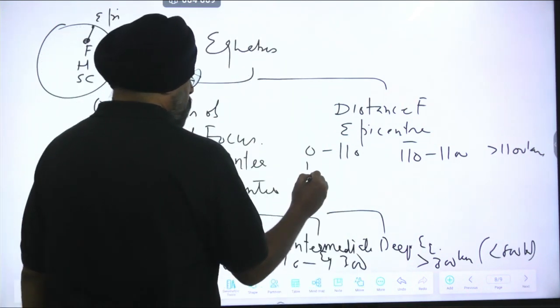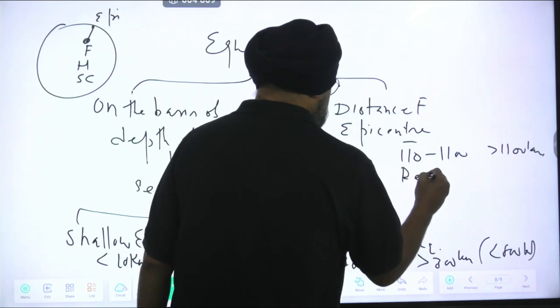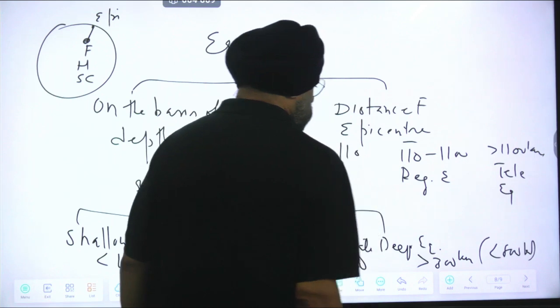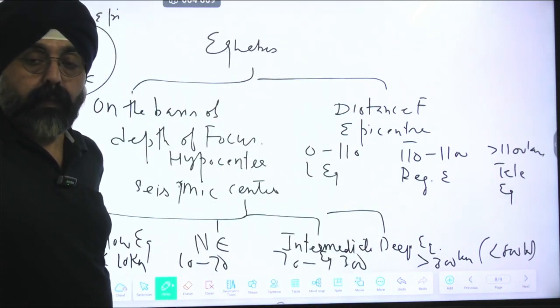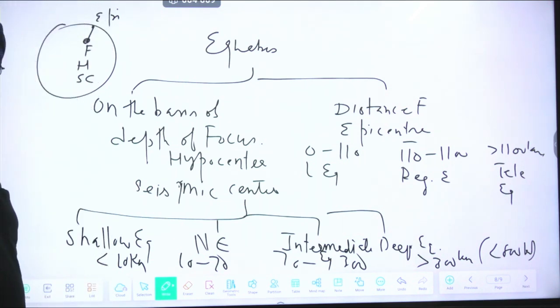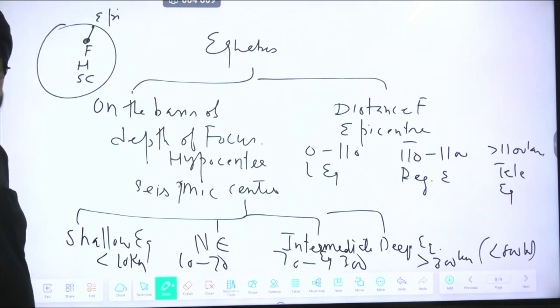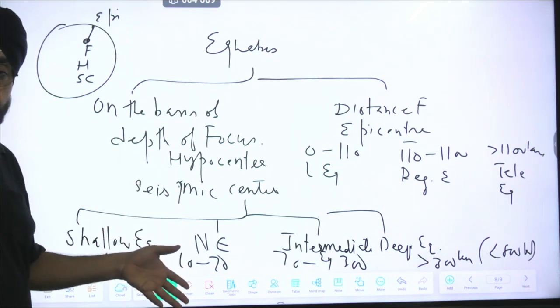This is local earthquake, this is regional earthquake, this is tele earthquake, the distant earthquake. I told you this diagram will come on 2 pages. It's just like the Chinese conundrum, a box in a box, another box in the box. So this diagram is nothing but the entire syllabus of your geomorphology.